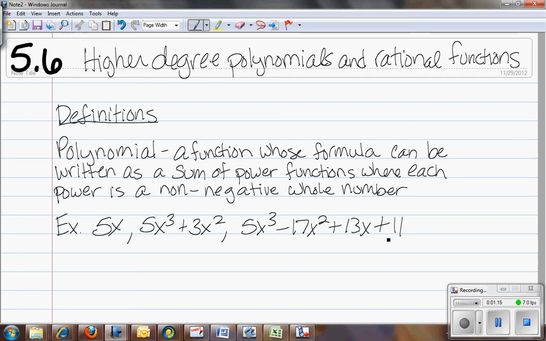All right, so having said that, we need to also remember what the degree of a polynomial is. And the degree is the highest exponent that occurs in the polynomial.